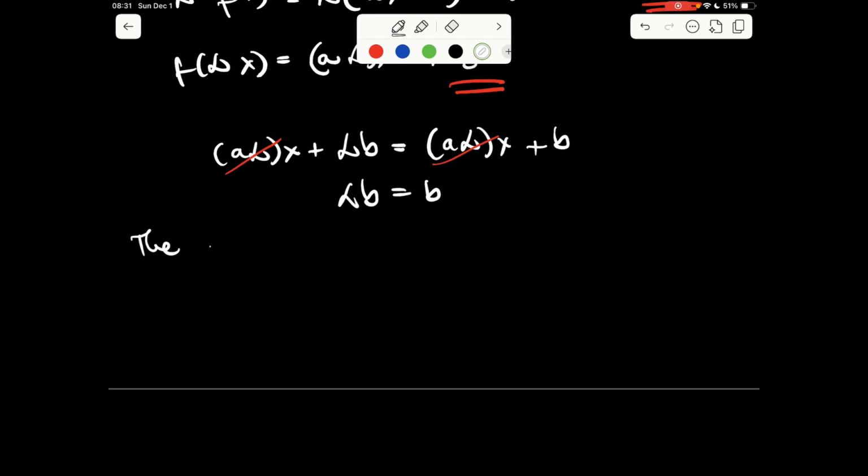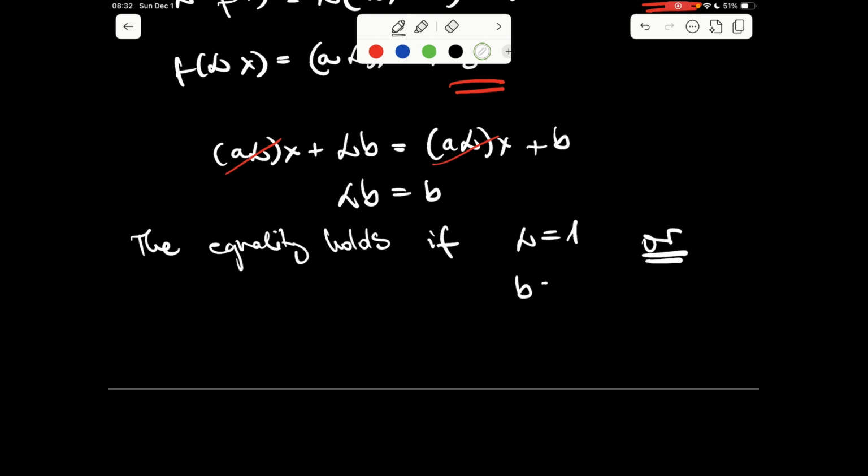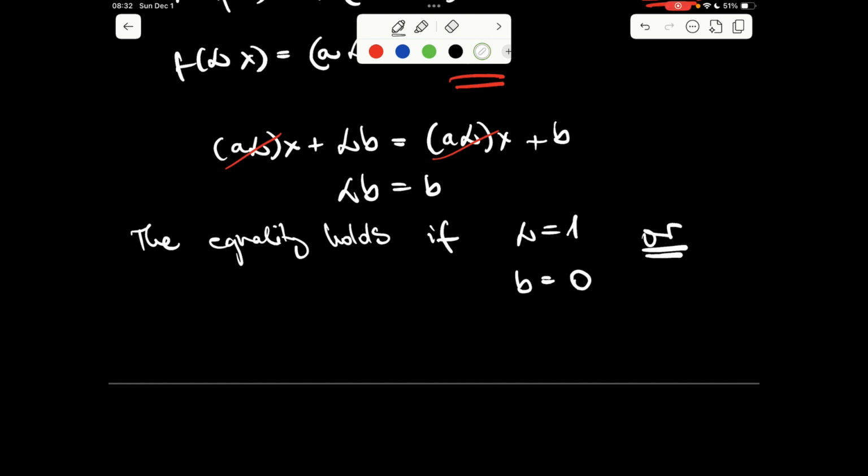The equality holds if alpha is 1 or b is 0. So in the first case, a function f is linear if and only if alpha is 1. And in the second case, any function is linear for any alpha if b is 0.